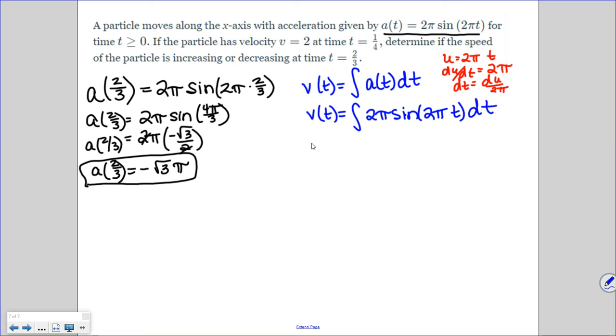Then that's going to allow me to integrate. v of t equals the integral of 2 pi sine of u times du over 2 pi. The 2 pi's divide out. v of t is the integral of sine of u du.